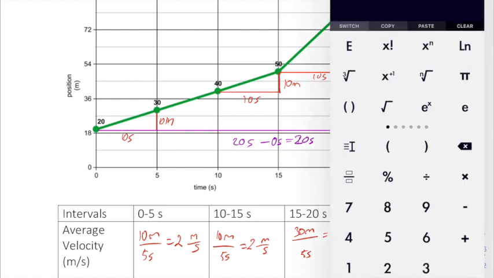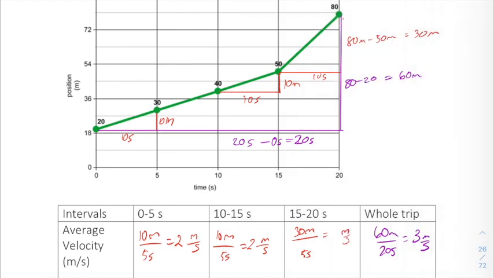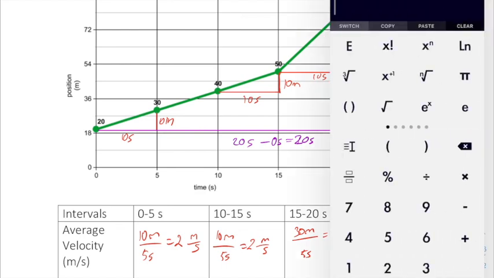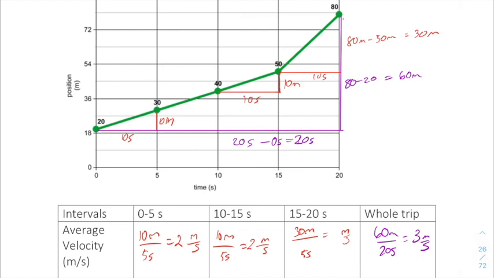Right, 10 divided by 5. Now I just don't trust my brain. And then 30 divided by 5 should be 6 meters per second. And so now we can see that the whole trip has a value that's somewhere between the smallest numbers and the largest numbers, which is kind of what to be expected, I guess.